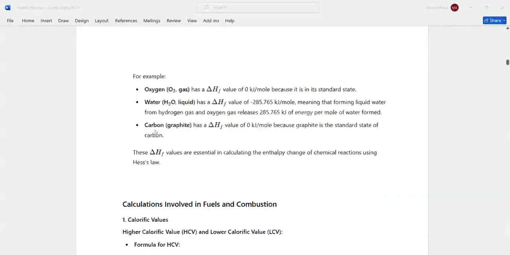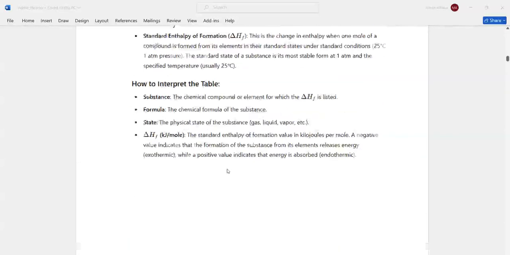And if we look at carbon or graphite, it has a value of 0 kilojoules per mole because graphite is the standard state of carbon. So this can exist as graphite or as carbon at 25 degrees Celsius and 1 atmosphere of pressure. These values that you see here are very essential in calculating the enthalpy change of chemical reactions using Hess's law. We shall see it as we go ahead.